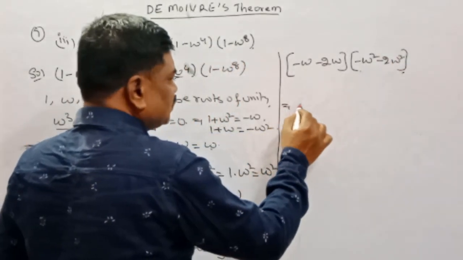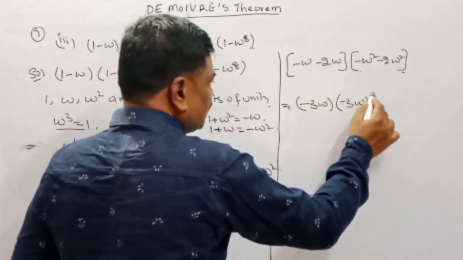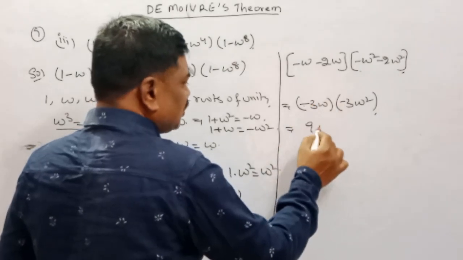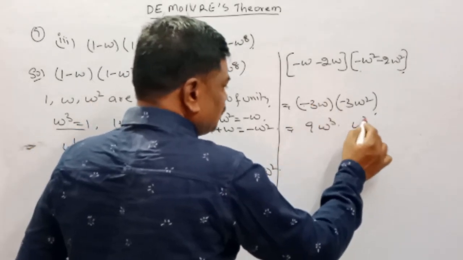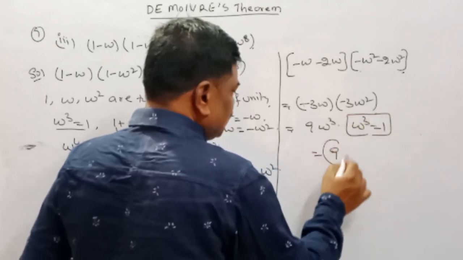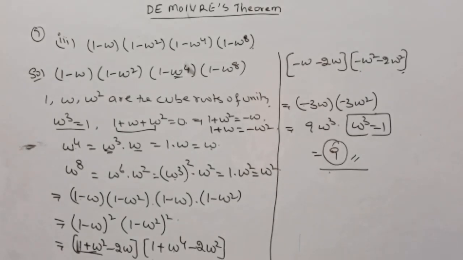This is minus 3 omega into minus 3 omega square. Minus into minus plus, 3 into 3, 9 omega cube. Omega cube is equal to 1. Then this value is 9. That's all. Thank you.